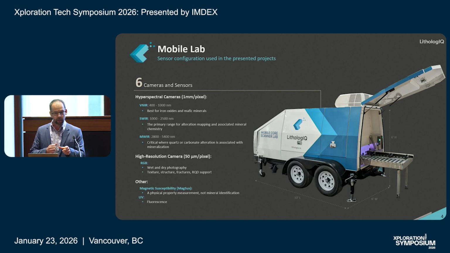The one we have here, and the focus of the presentation today, is the midwave hyperspectral camera, still in imaging mode, so you're getting the full image of the core using hyperspectral scanning. It's really strong in picking up the carbonates. I know we can get carbonates from the shortwave, and some people are using it for that.